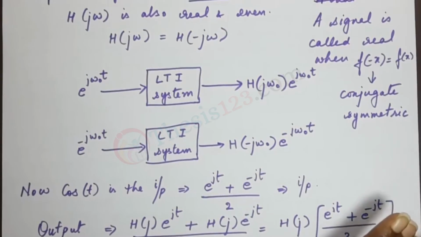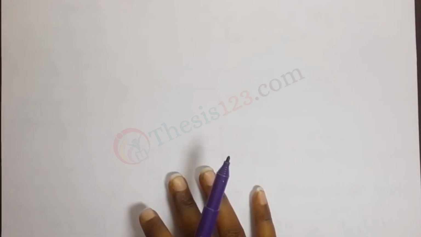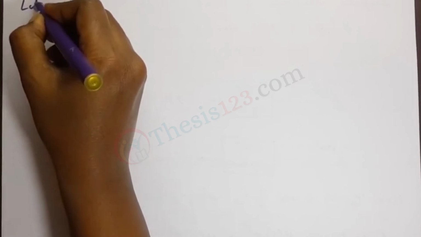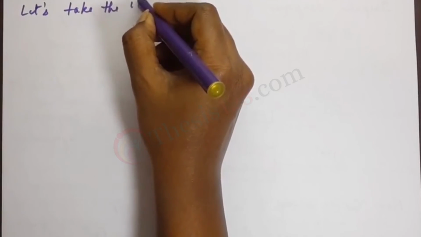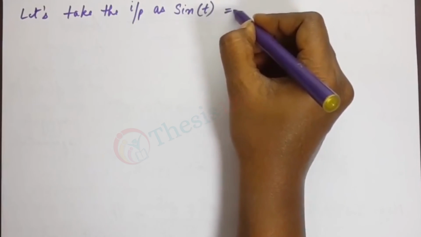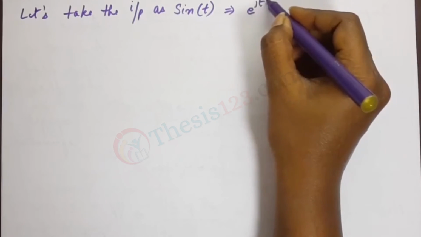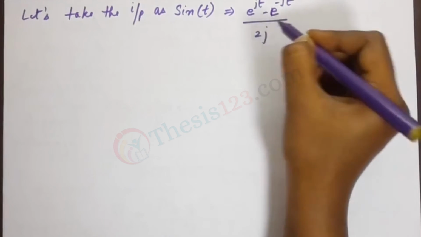Now let us check with sine. Okay, so we have worked out with cos. Now it is time for sine. Let's take the input as sin t. Now the expansion of sin t in terms of e is (e^(jt) minus e^(-jt)) divided by 2j.